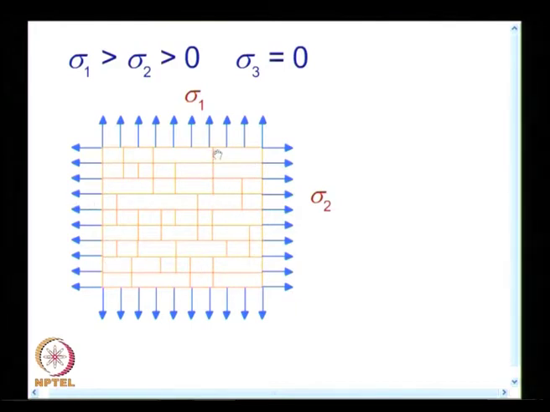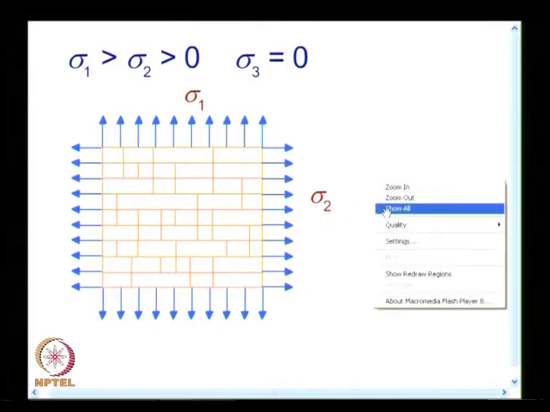I have cracks perpendicular to sigma 2 as well as perpendicular to sigma 1. The mathematical analysis would become very complex. When I have biaxial loading, applying failure analysis becomes difficult, but this gives an indication that you have a biaxial tension. I have knowledge from the crack pattern that I have a biaxial tension.